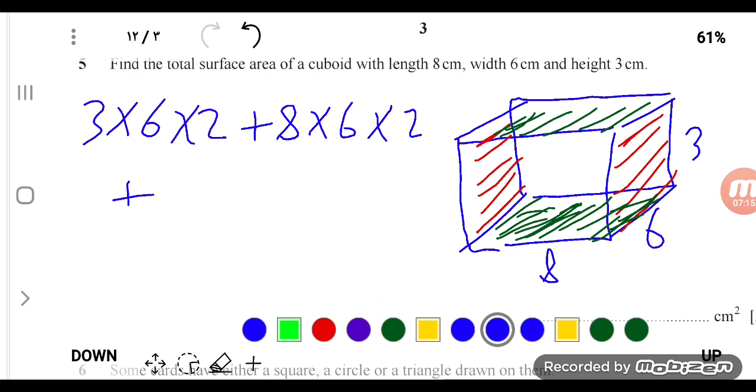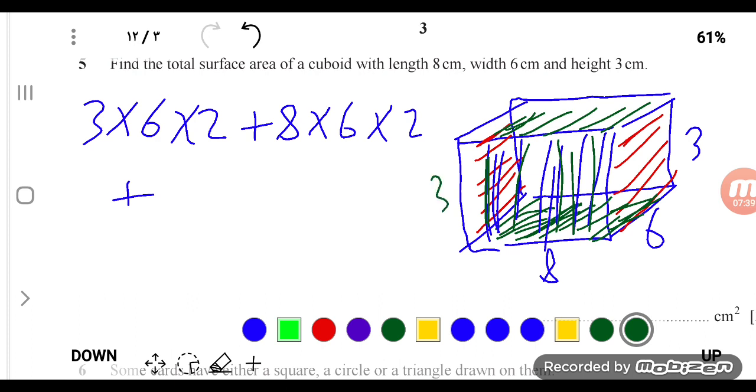plus, then you have the front rectangle, which is this one. And this rectangle is 8 times 3. Here I have 3.